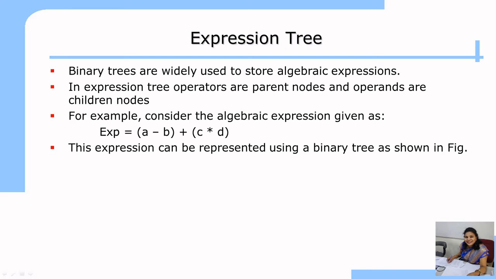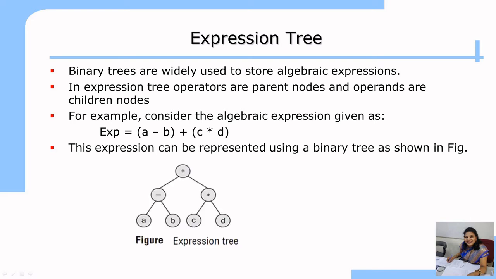So see, plus will be the root node. What is at the left side of the plus? A minus B. So the left side of the plus is A minus B, and the right side of the plus is C into D. Again, in A minus B, minus will be the root parent node, and A is at the left side of the minus, so A is the left child of the minus.